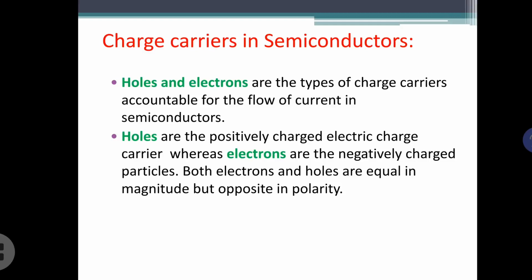We know that the electrons present in the valence band can reach the conduction band if they acquire energy. When such an electron absorbs energy and reaches the conduction band, it leaves a vacancy in the valence band. That vacancy, which is equivalent to a positively charged particle, is named a hole. The concept of a hole we will discuss in detail.